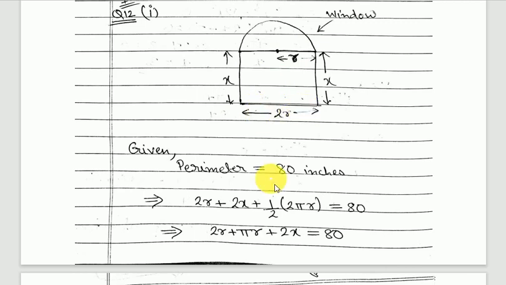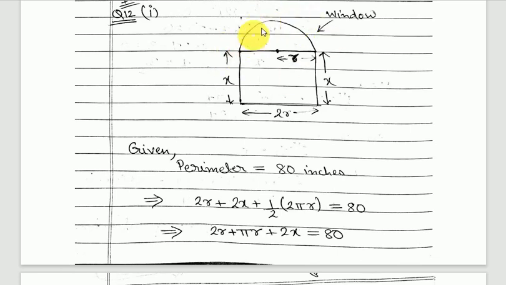So now let us see. The perimeter is given as 80 inches. That means the perimeter is this 2r, then this length x, then this circumference, half of the circle.